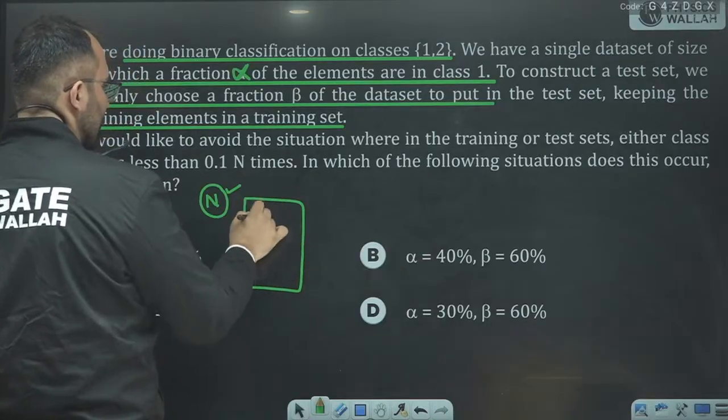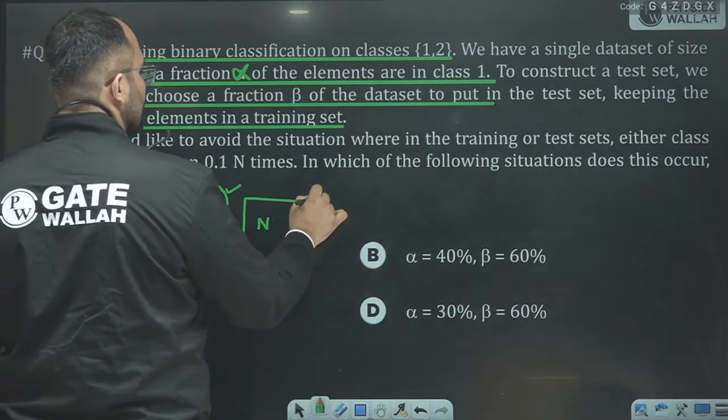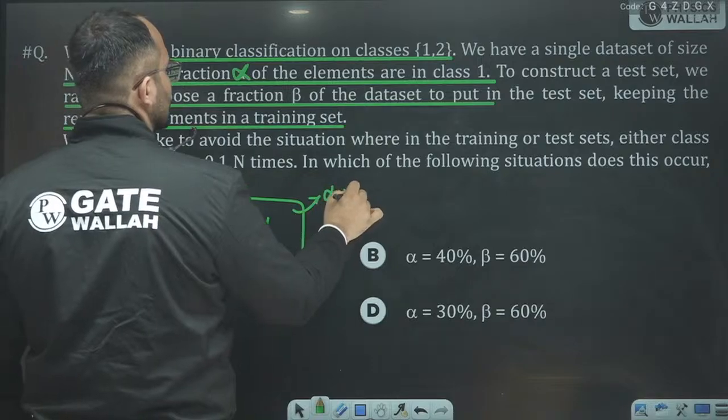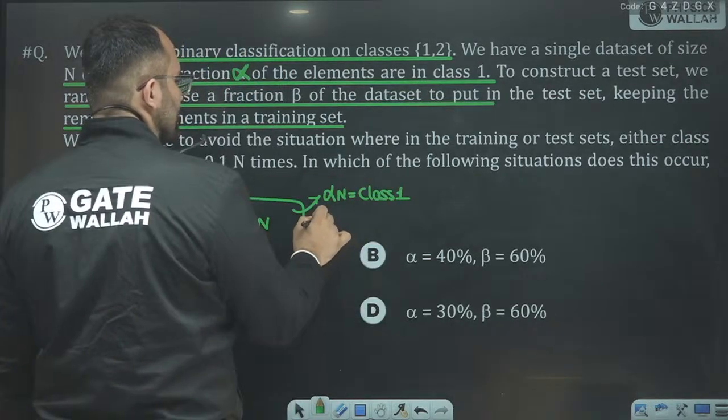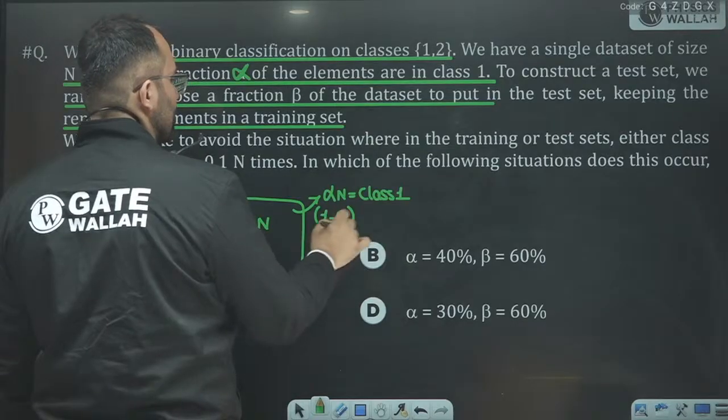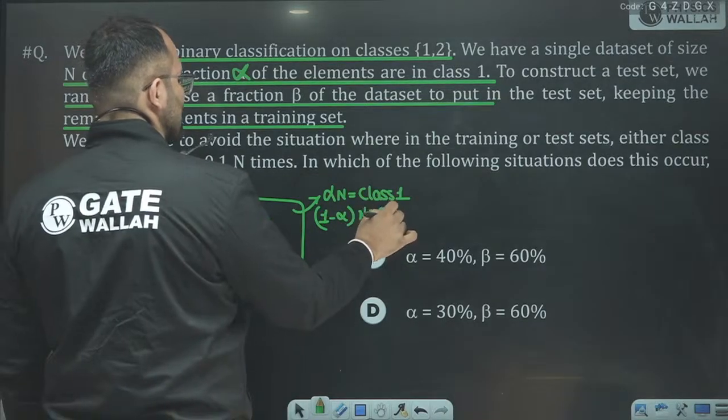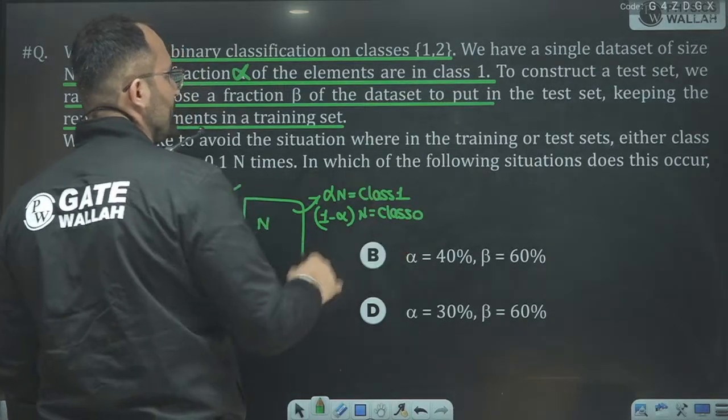So we can say we have n number of points, and alpha into n is in class 1 and 1 minus alpha into n is class 0 number of points.